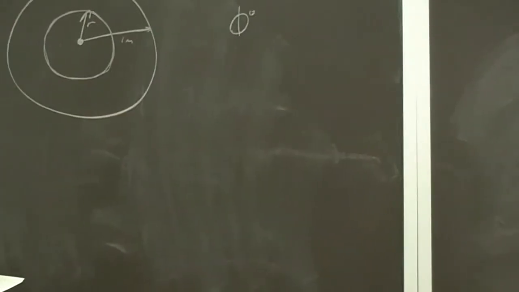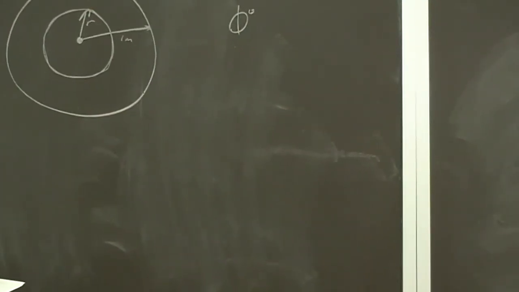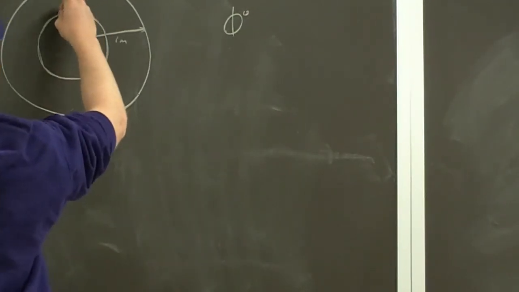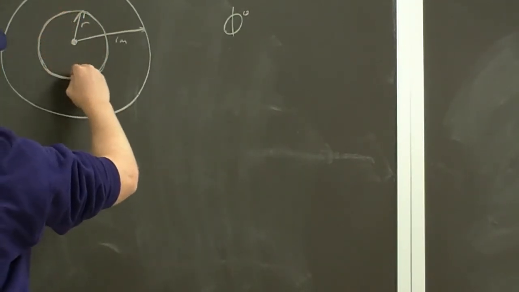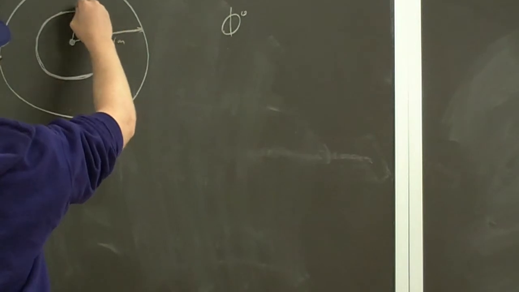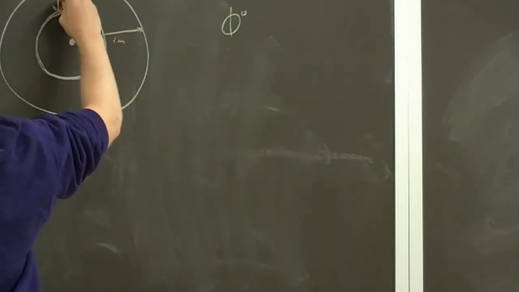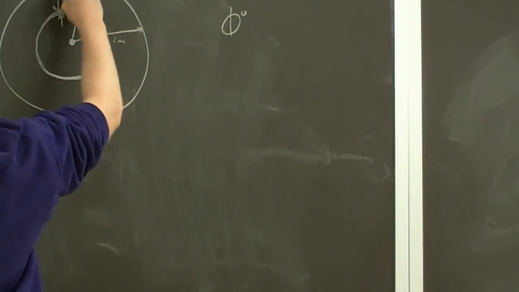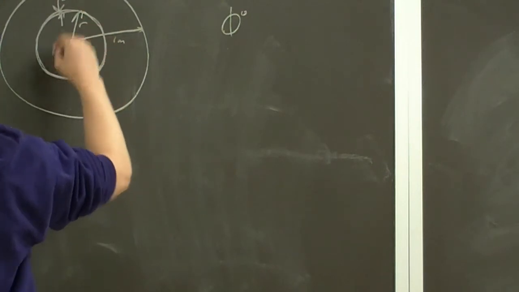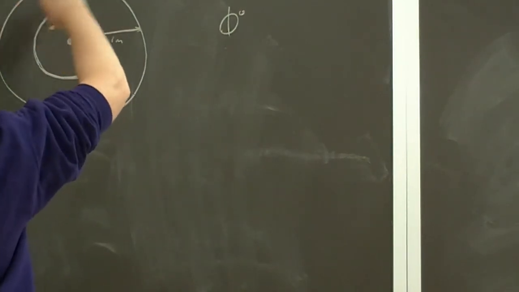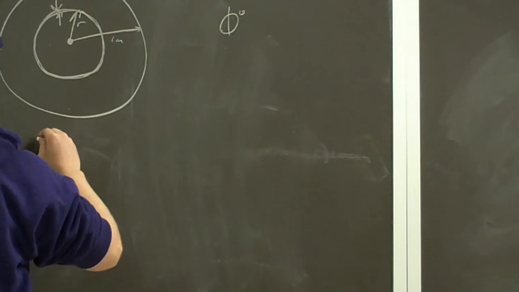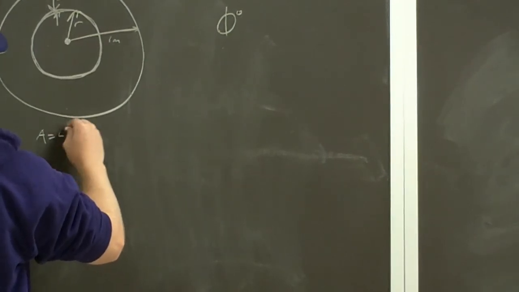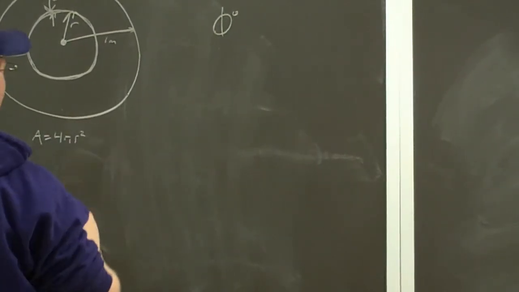We're going to take one of these shells and say that it has thickness dr. This is a spherical shell, so its area is 4 pi r squared.